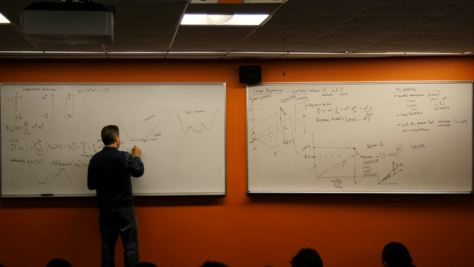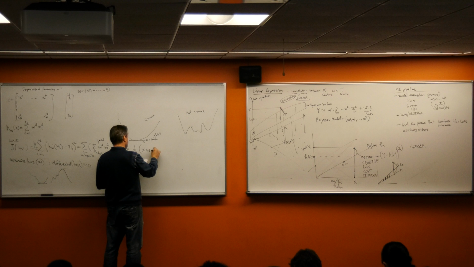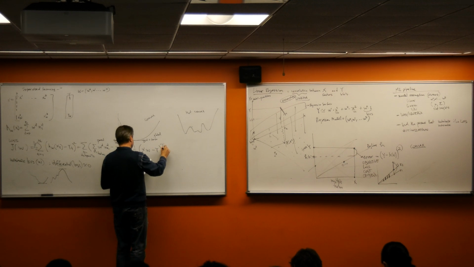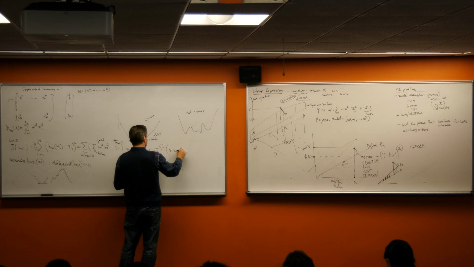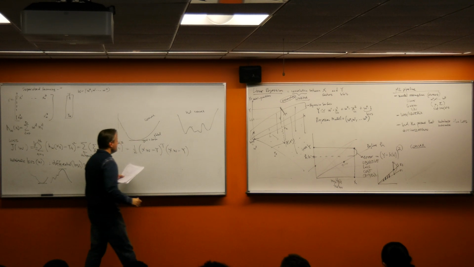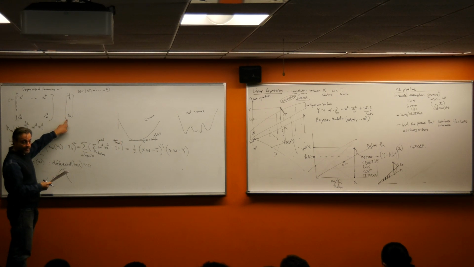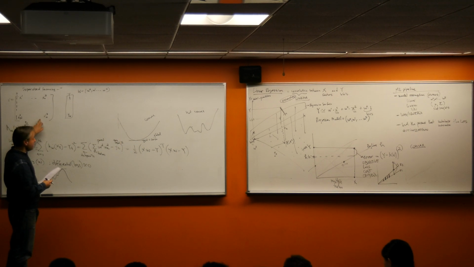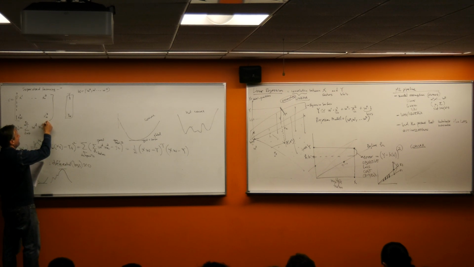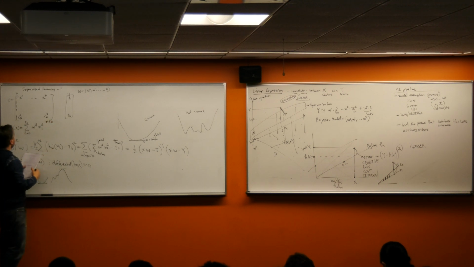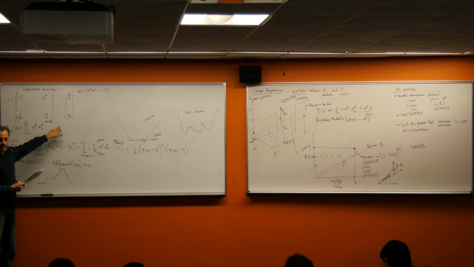And I'm going to say here this is in matrix form: (XW minus y) transpose times (XW minus y). So keep in mind that y is a vector, X is a matrix of size n by d, although it's really n by d plus 1, because I added this column here, right, the 1 column.